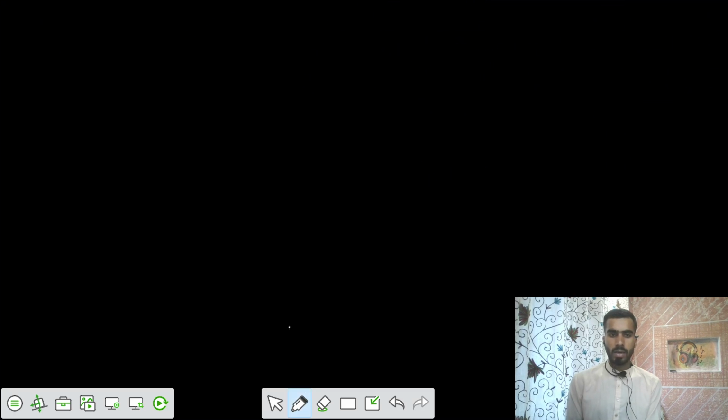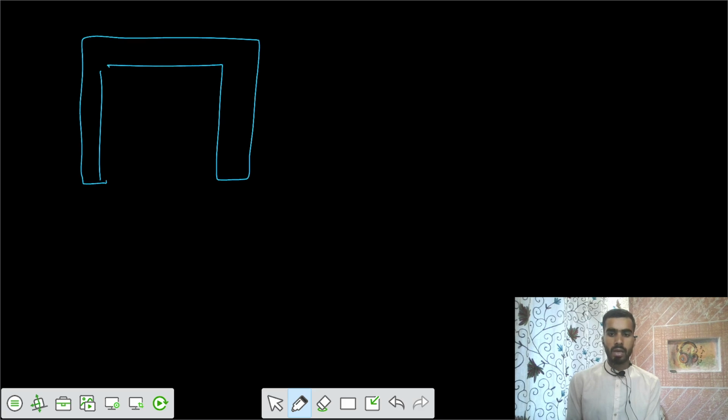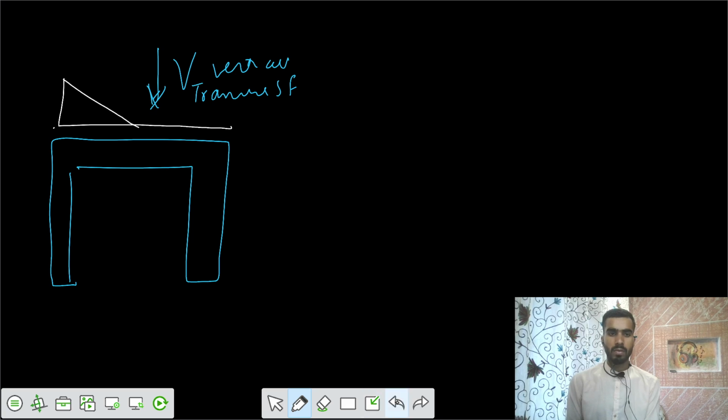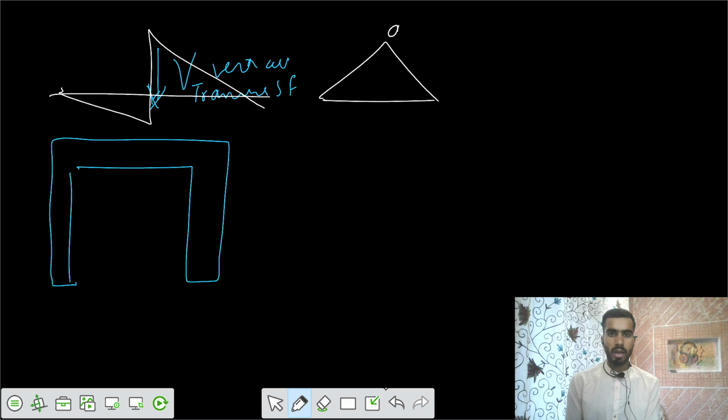Now one more thing. For vertical loading, let's say you have this channel section and you are applying a vertical transverse shear force. For that, the shear flow variation in the horizontal flange would be some sort of linear variation, in this way, with a value of Q naught here.